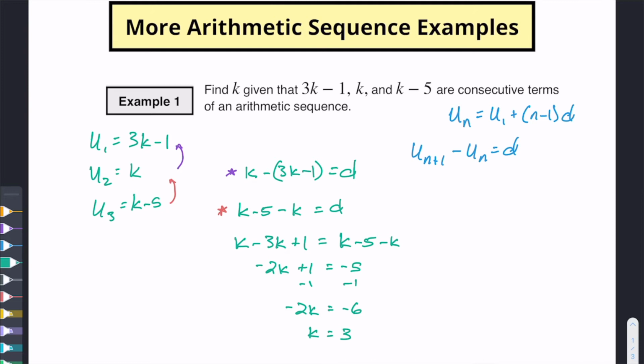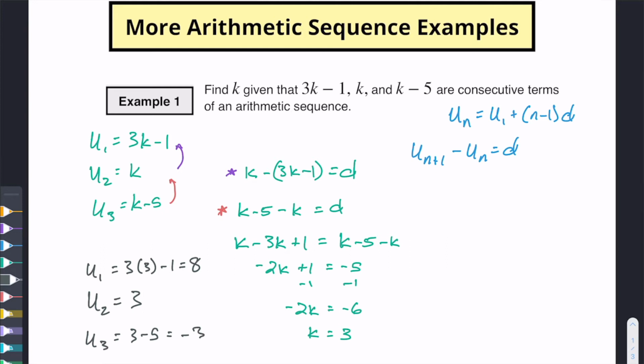So let's see if this works. We know it's got to be a common difference. So if u of 2 is equal to 3, then u of 1 is going to be 3 times 3 minus 1, which is 8. And u of 3 is going to be 3 minus 5, which is equal to negative 2.